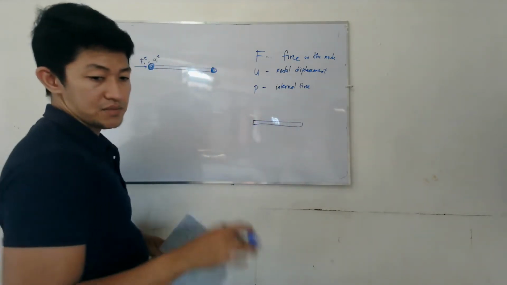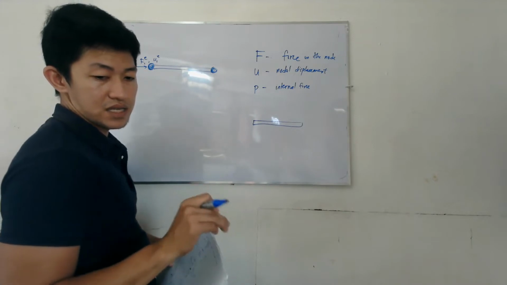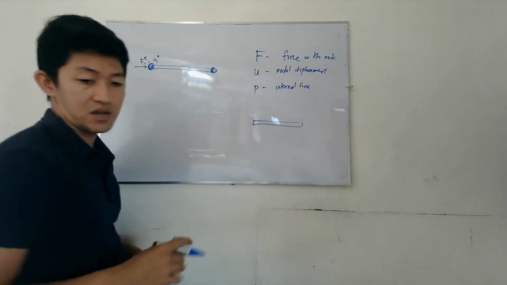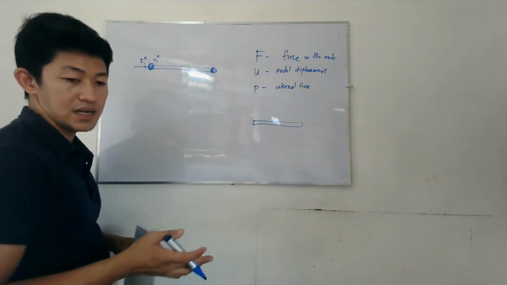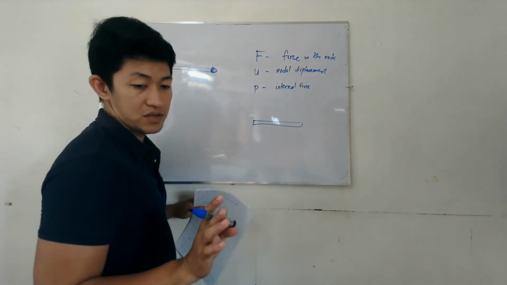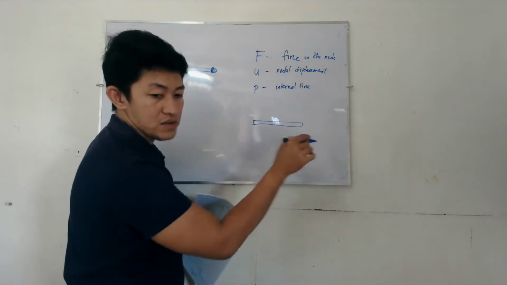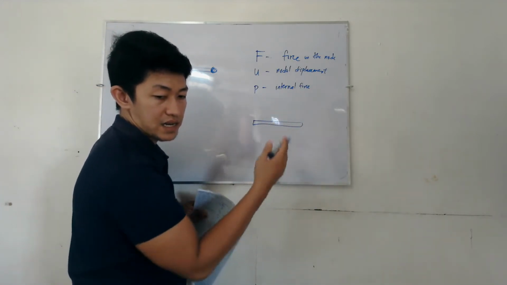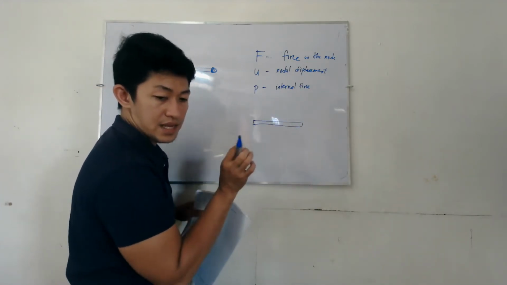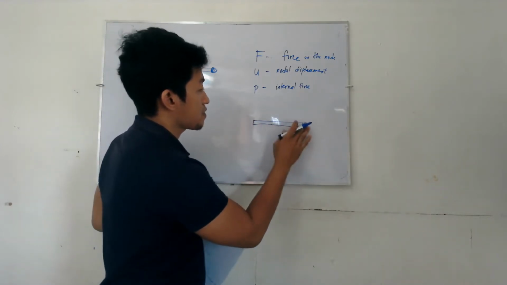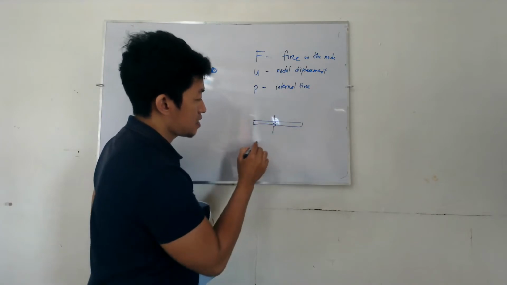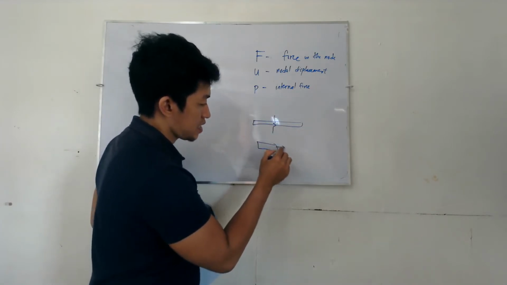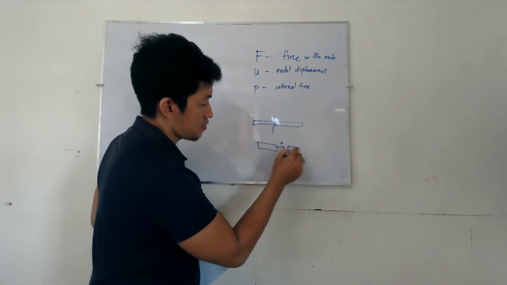By the way, your element is considered very thin, so the force it can carry is axial force only. It cannot carry bending. Okay, very thin. If you cut your element here, there is an internal force.